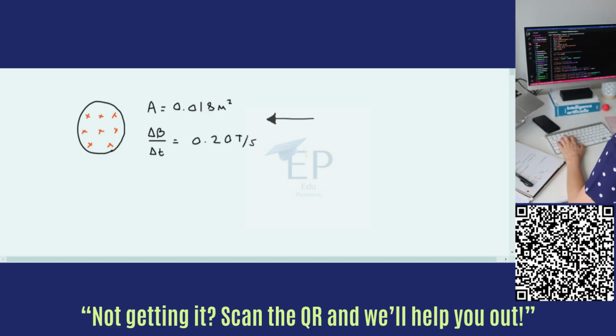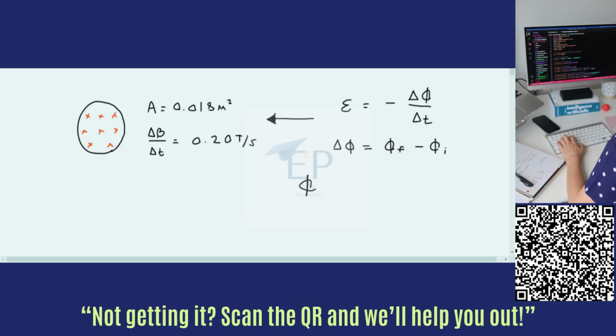So for the first part, we're just looking at the induced EMF. From Faraday's law, we know that the induced EMF is equal to minus the change in flux over the change in time, where the change in flux is just the final flux minus the initial flux.